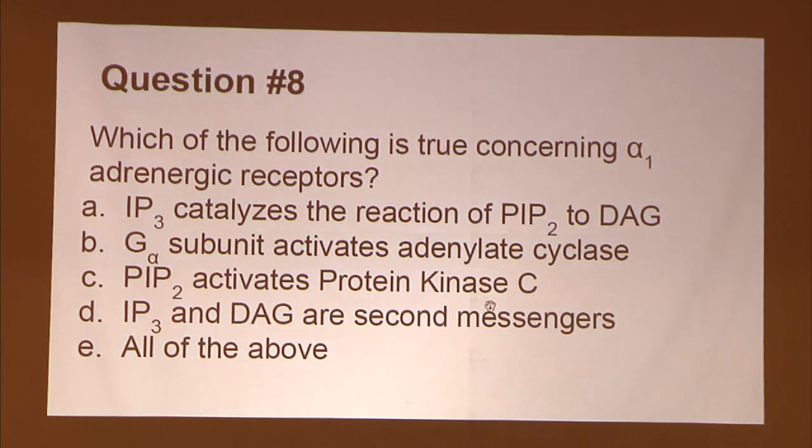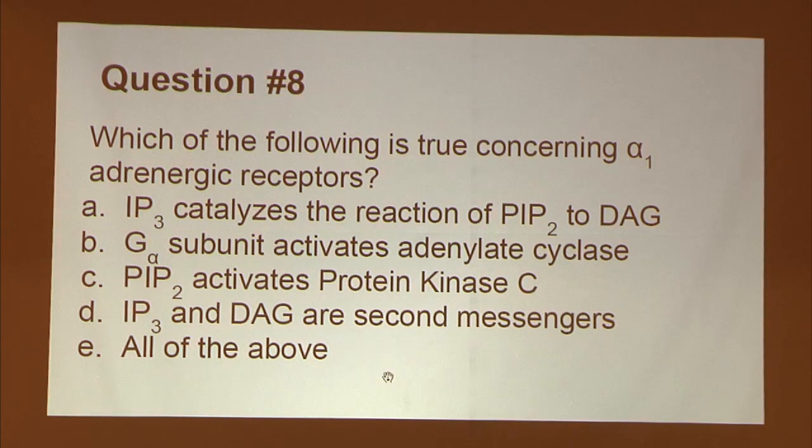We said nothing about adenylate cyclase in alpha-1. C says PIP2 activates protein kinase C, which is not true. IP3 is going to interact with the endoplasmic reticulum and allow calcium to go into the cytoplasm, which is a little bit different. DAG is usually the one credited for activating protein kinase C, although calcium helps a little bit. So C isn't good either.